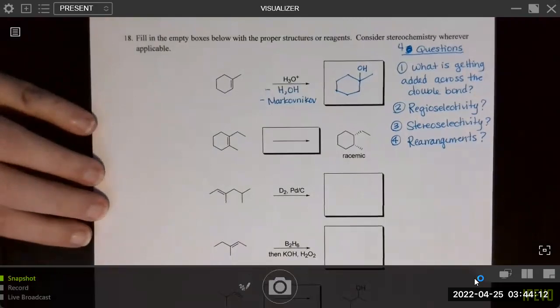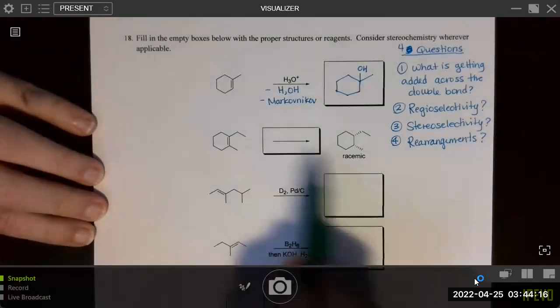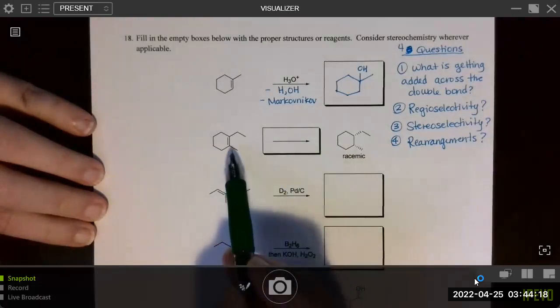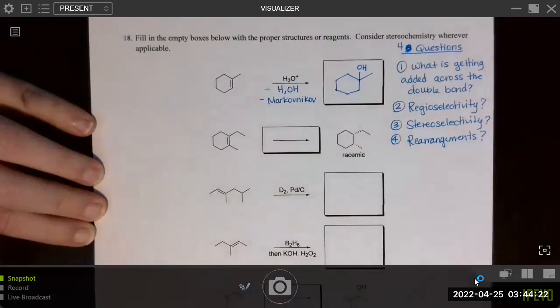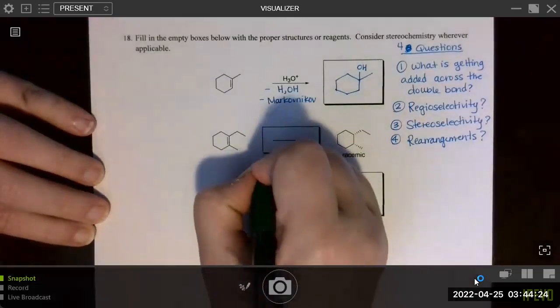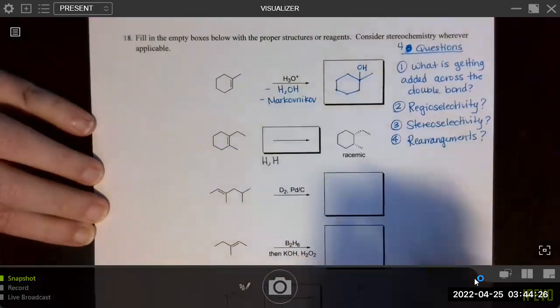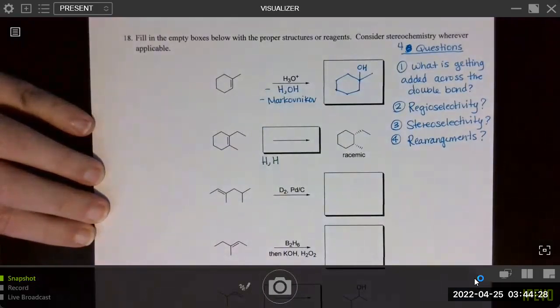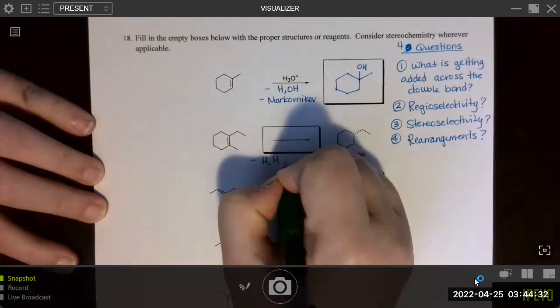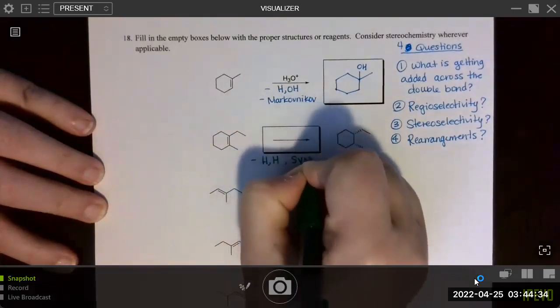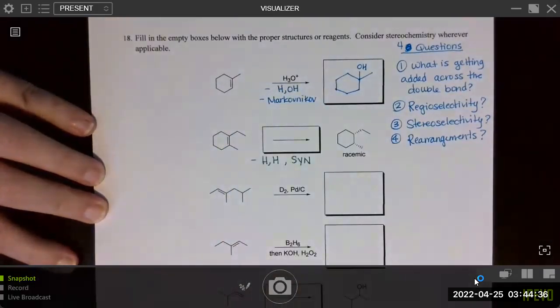All right, the next question is, again, what is getting added across the double bond? So you can see that I have a hydrogen getting added here and a hydrogen getting added here. We're adding H and H, right? So in this case, no regioselectivity, but we do have syn stereoselectivity. So that's important here.